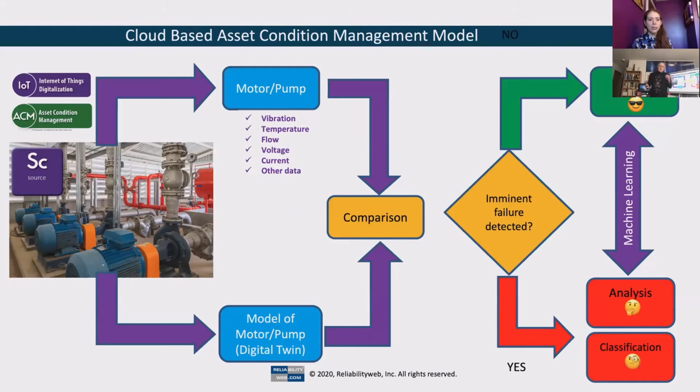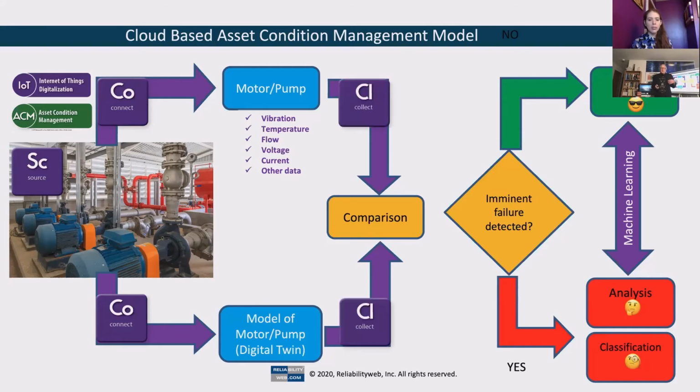We need to somehow connect to that, and we've got to read the sensors that we can read: voltage, current, vibration, ultrasound, fluid analysis, and we compare it to the digital model, the digital twin of that drive set, and figure out, okay, how do we compare the two? Is it running the way that we expect it to?